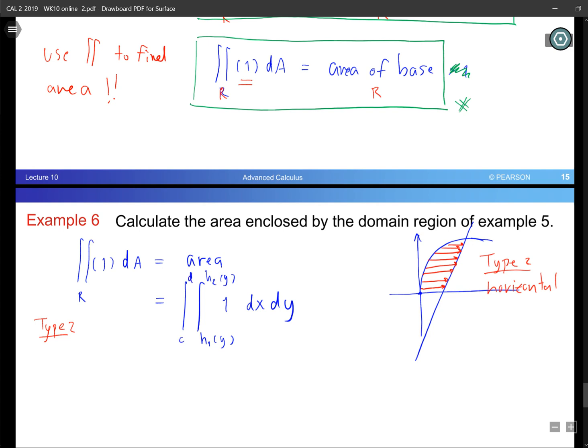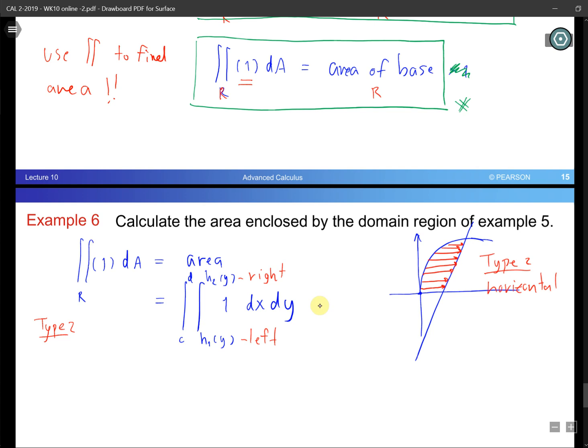Now in order to continue, we need to know what these values are: h1(y), h2(y), c, and d. So h1(y) is the left-hand function and h2(y) is the right.